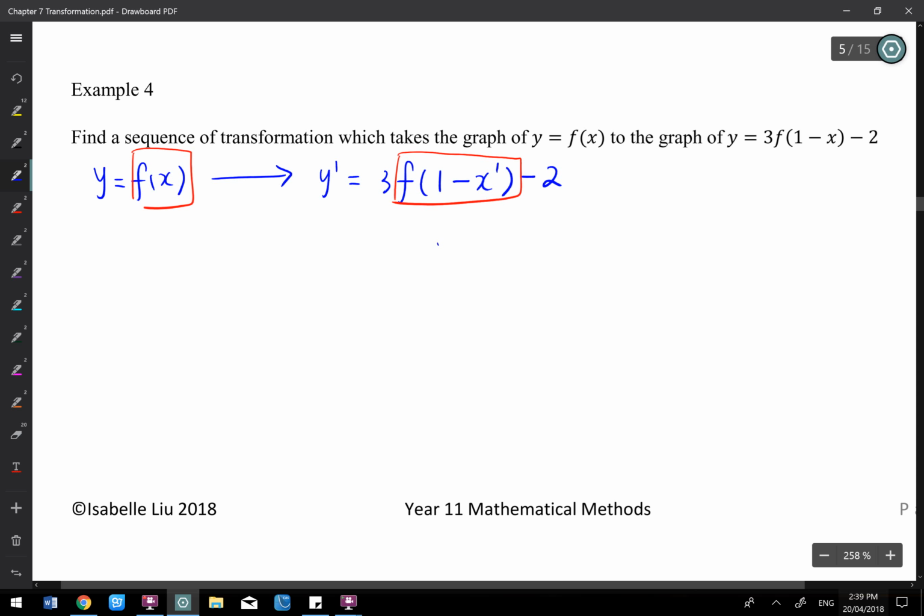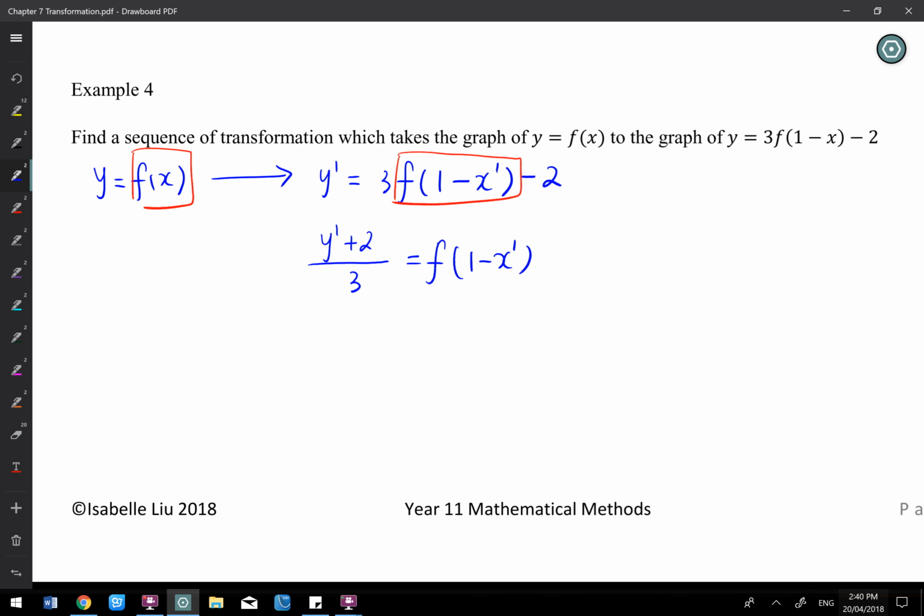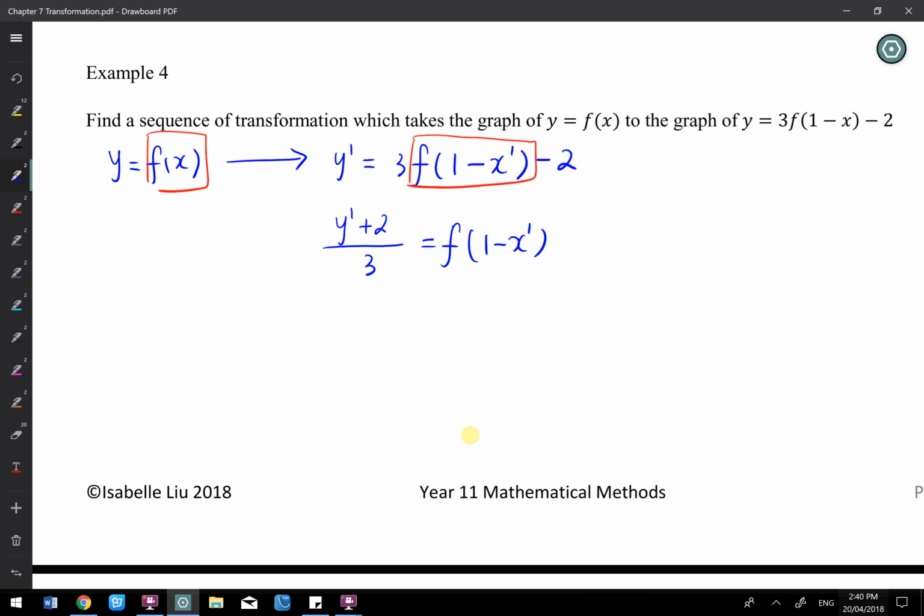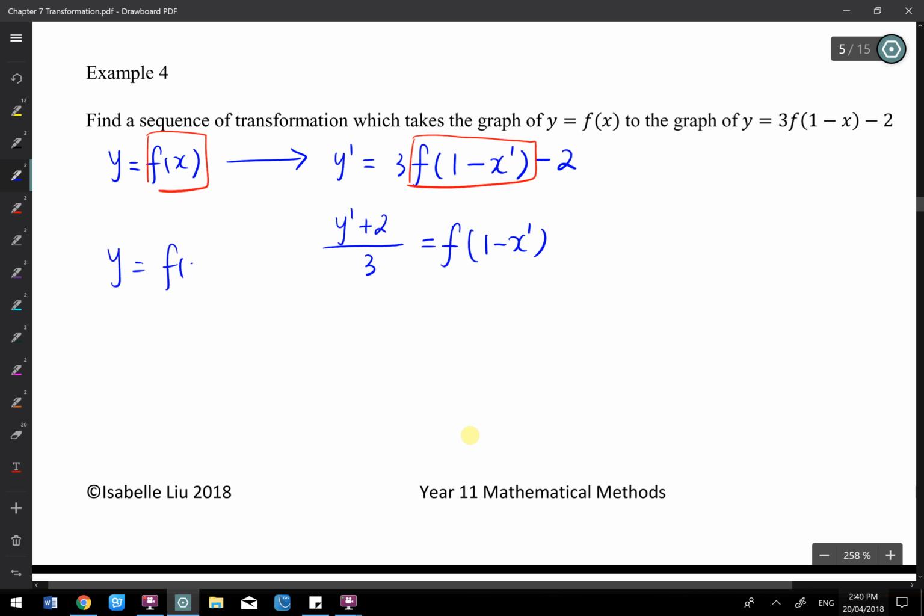The after equation, we need to change that. It will be changed into (y' plus 2) over 3. We need to make it into that form. We only leave the rule on one side, which is f(x). So this one still stays the same.